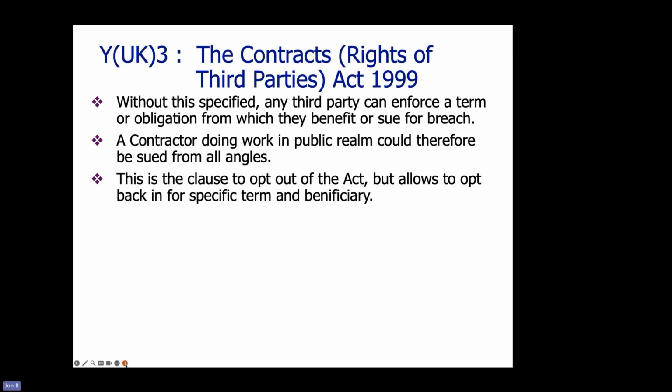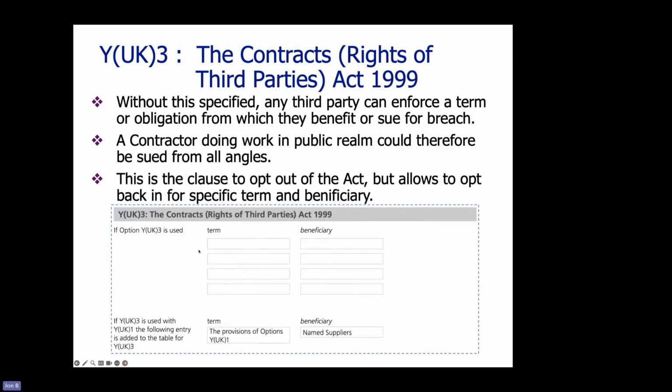So this is a clause to opt out of the act, but it allows for an opt back in for a specific term and beneficiary. Let me explain that. If you specify this option and you don't have anything written here, it's a complete opt out of that act.